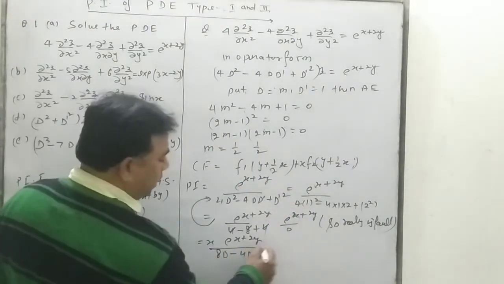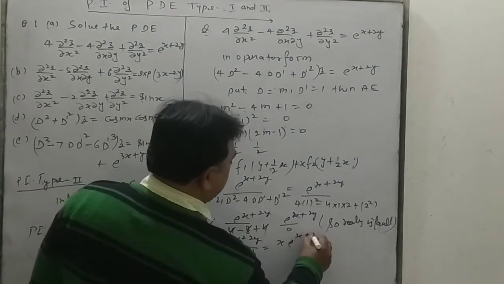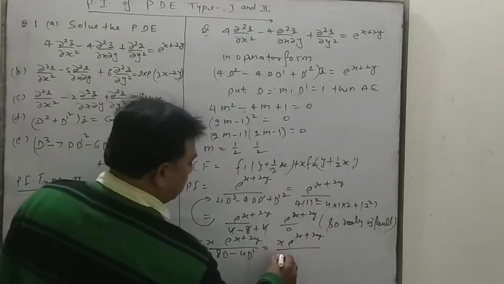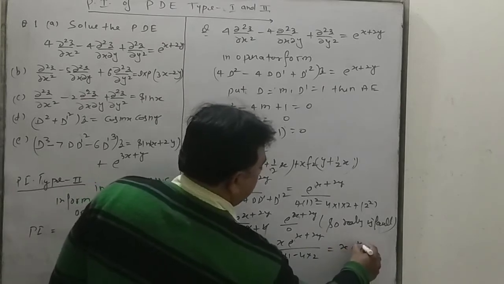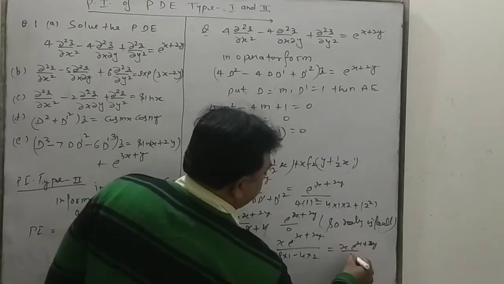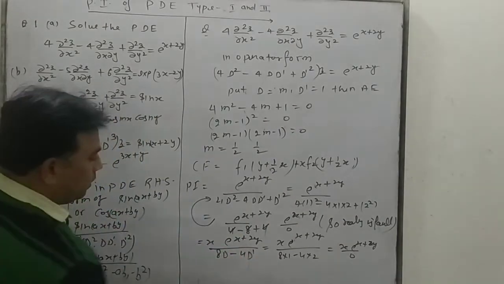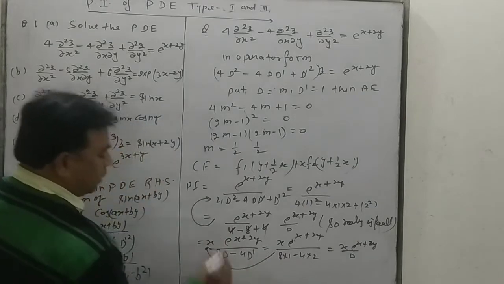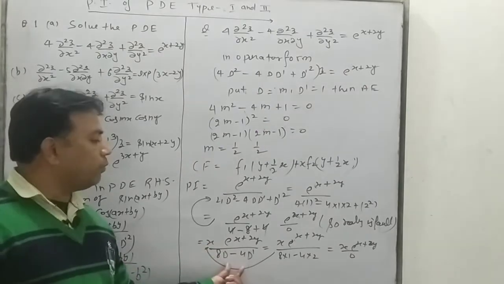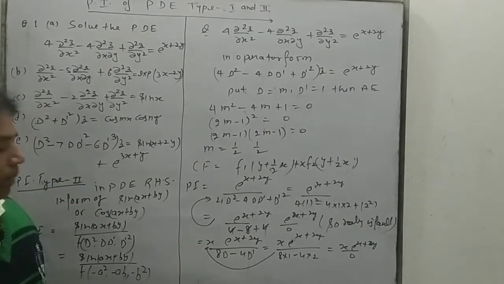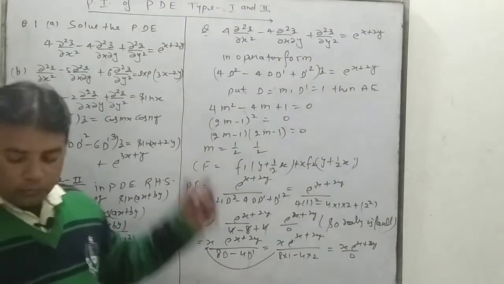After that, by the same procedure, putting the values, x e to the power x plus 2y upon 8 into 1 minus 4 into 2, which again is 0. So again the rule will fail. Again multiply the numerator by x and differentiate the denominator with respect to D. So please make a note.